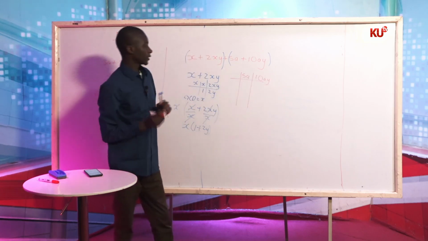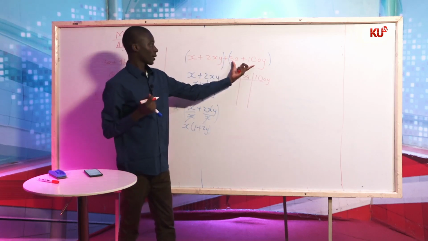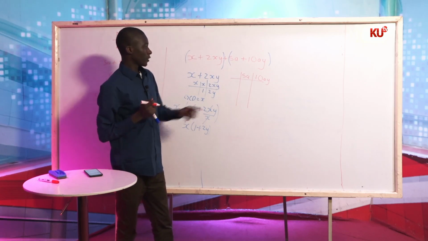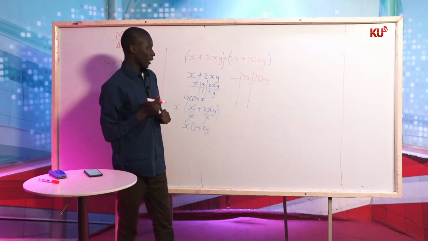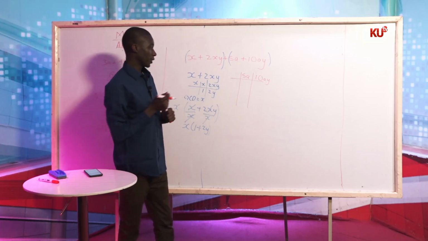So our second term, the second pair, we're going to get the GCD. Now the smallest number, starting with the numerical value, that's a 10 and a 5.